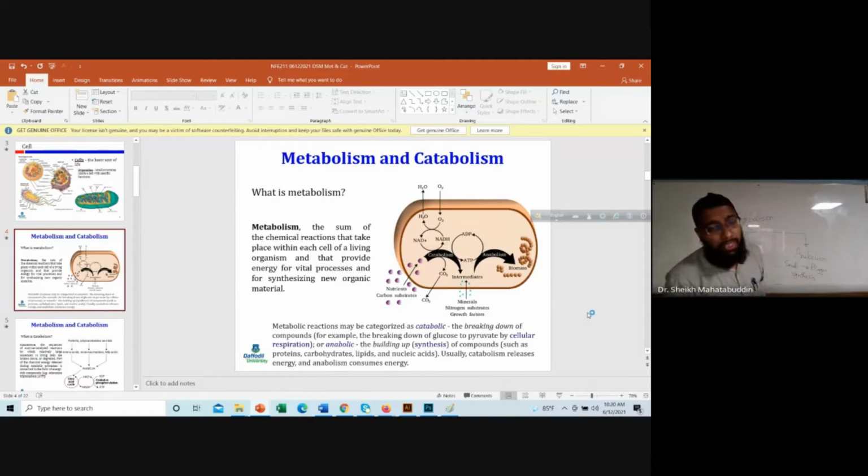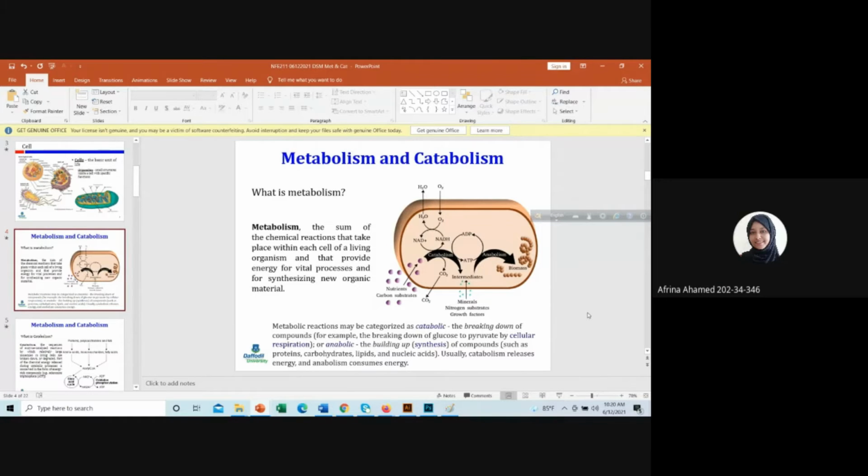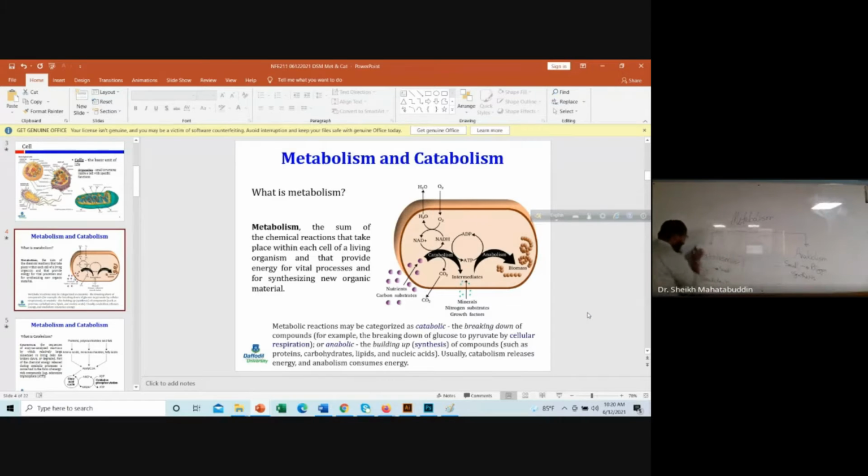Now which one will be energy producing and which one will be energy consuming? Sir, catabolism is breakdown, so it produces energy. As this is a breakdown reaction, this one will be the energy producing state of the metabolism.